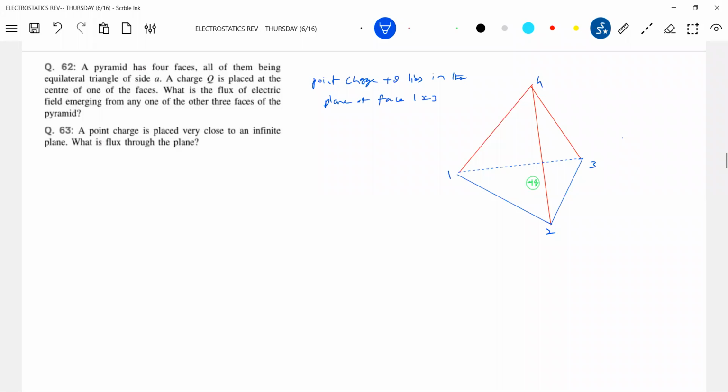Will I agree this? So how much flux links 1, 2, 4, 2, 3, 4, 1, 3, 4?